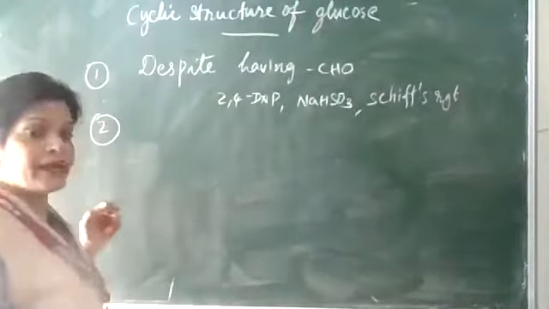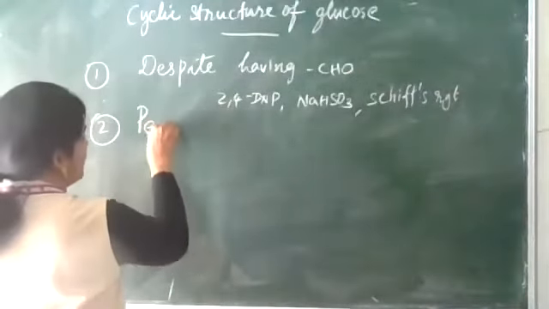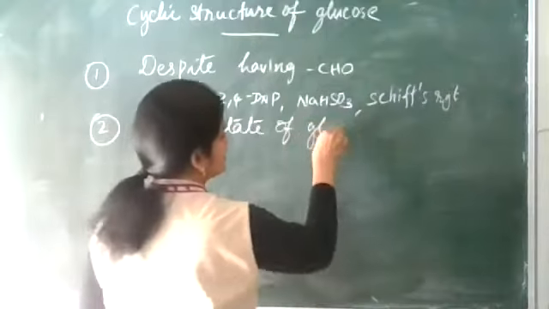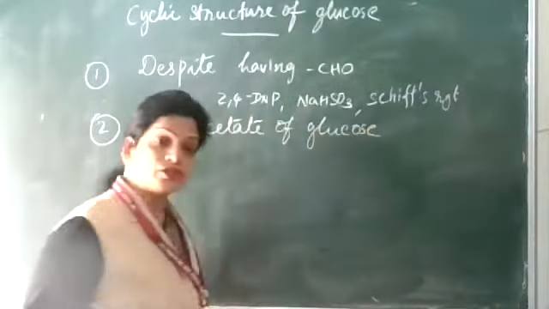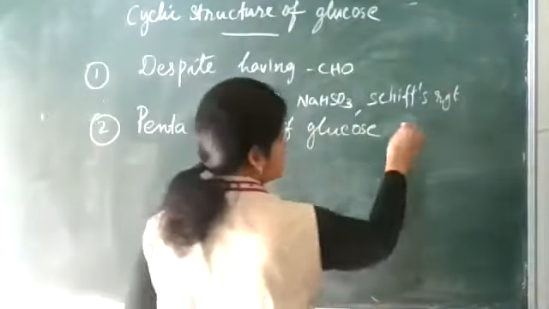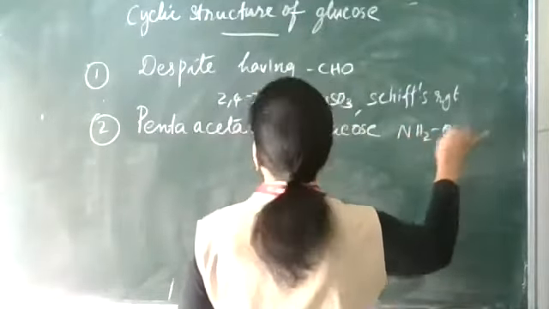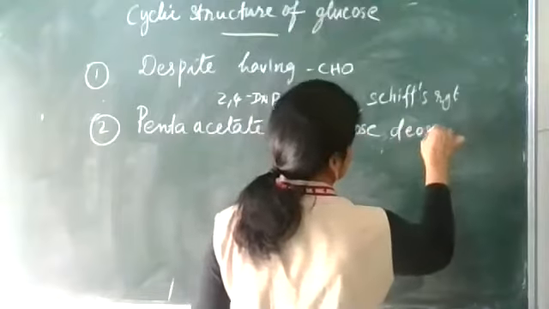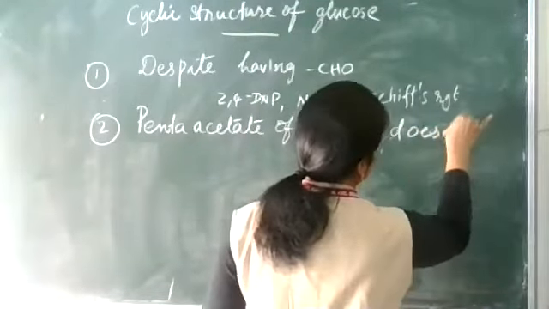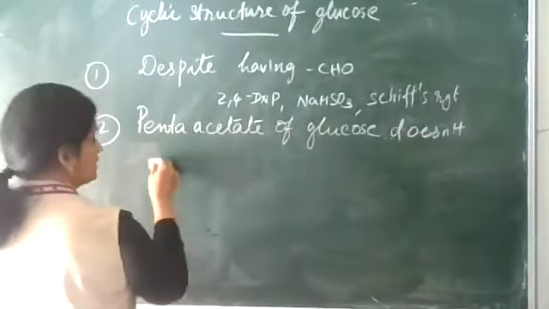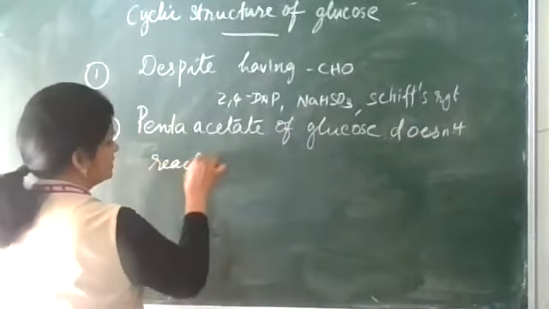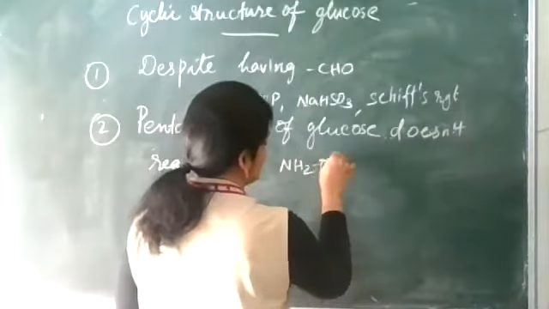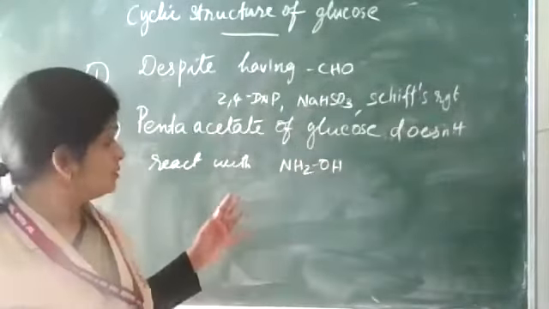Number 2, pentaacetate of glucose. Pentaacetate of glucose does not give the reactions even with strong reagents, that is hydroxylamine, NH2OH. It is a strong reagent.